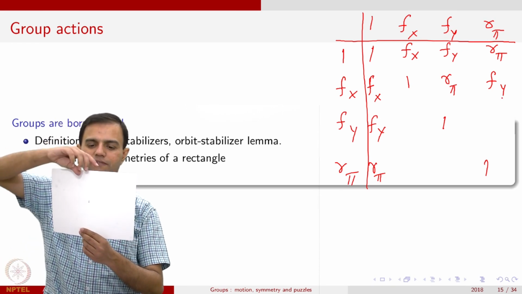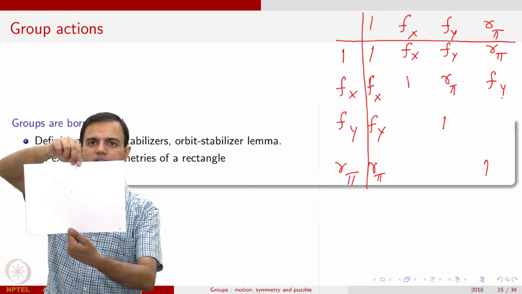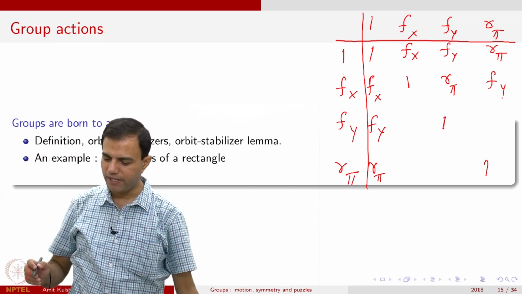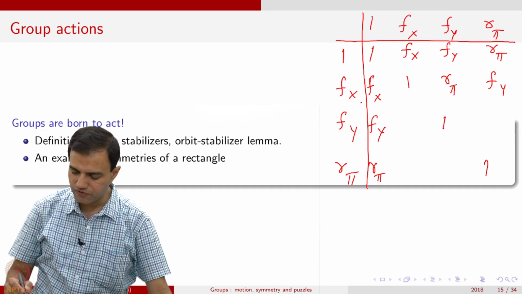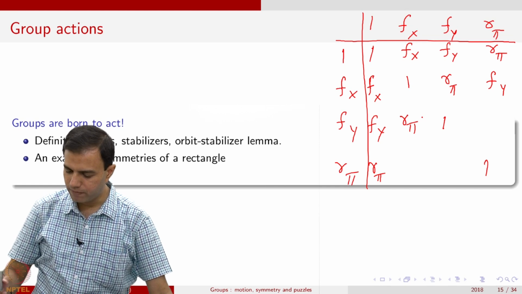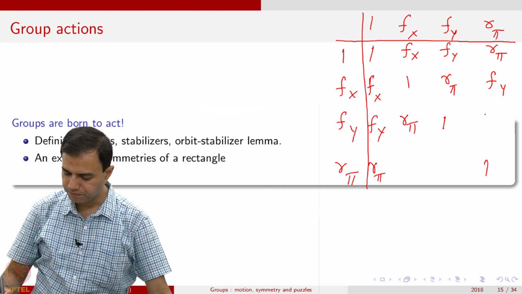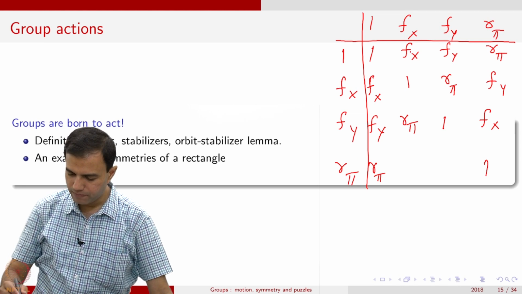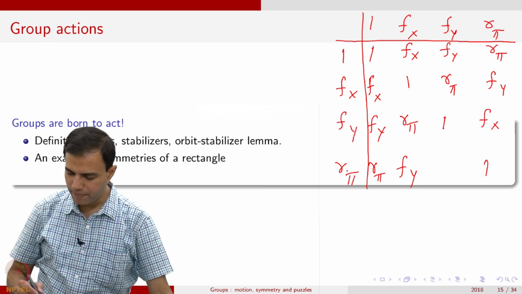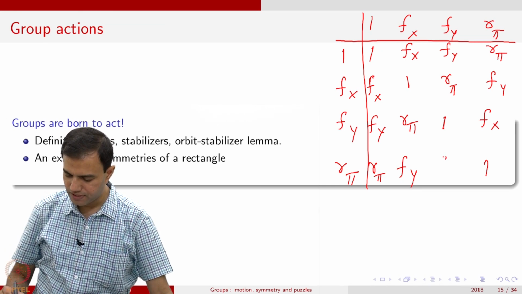I'll just flip it once and show you, just fy. And similarly, if you do the experiment, what you get is that fy composed with fx is r pi, fy composed with r pi is fx, r pi composed with fx is fy, and r pi composed with fy is fx.